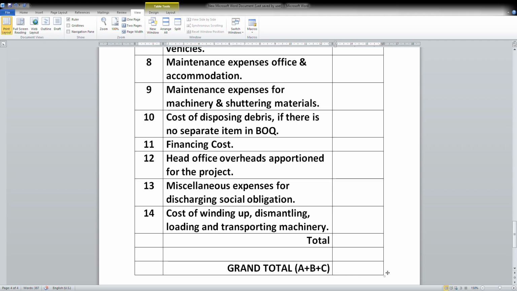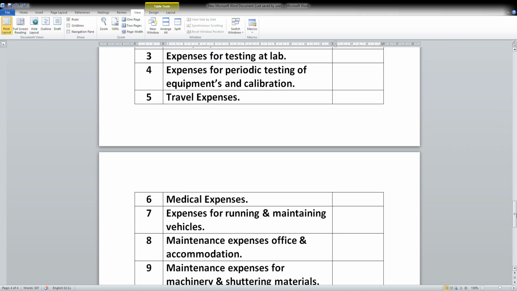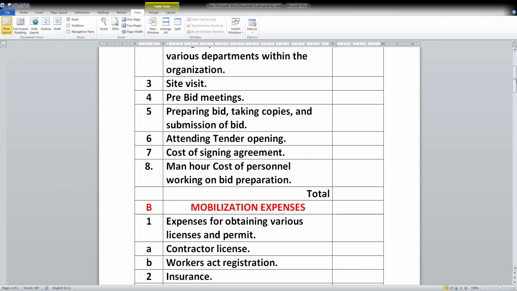The total indirect expenses may vary from project to project. It can be anything between 5 to 10%. Such expenses can be factored in and loaded on a pro rata basis into your unit rates, and accordingly the rate analysis can be done.